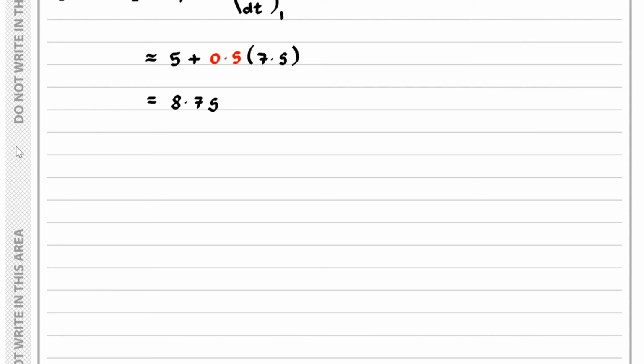And therefore, for part B of the question, our new model, we've got dV over dt equals minus 0.1 v squared plus some constant a, where a is in between 0 and 10.